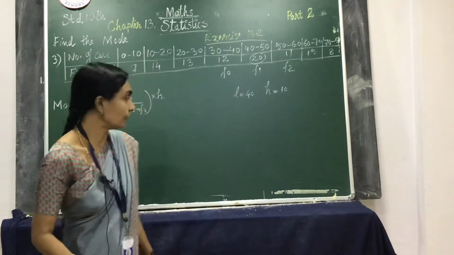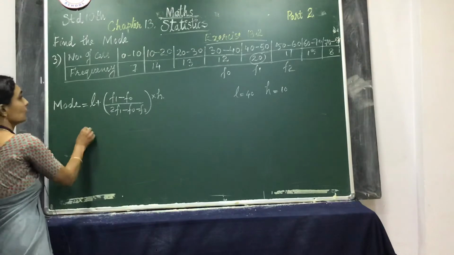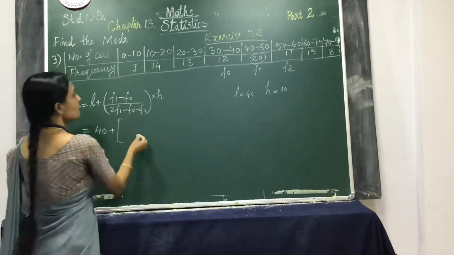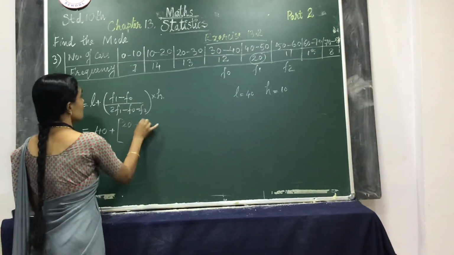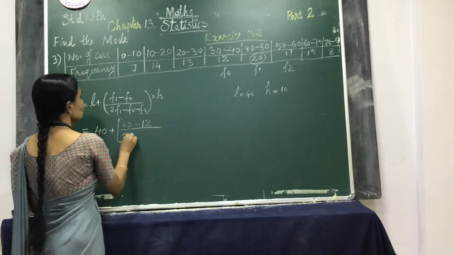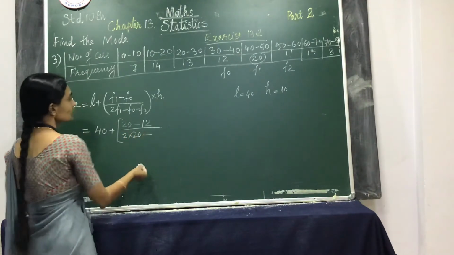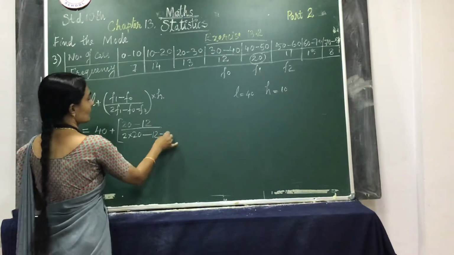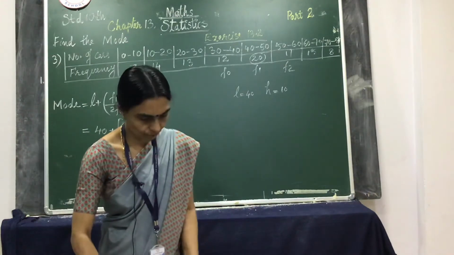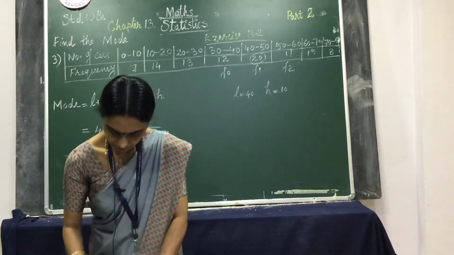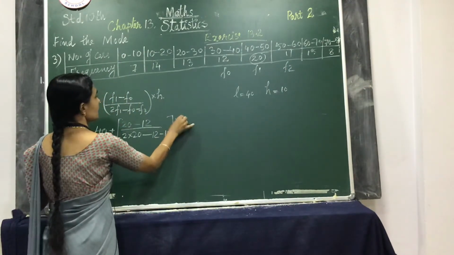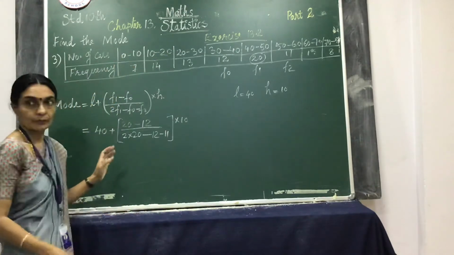Now from the formula we substitute: 40 plus f1 is 20 minus 12, divided by 2 into 20 minus 12 minus 11, then into h is 10, the width of the class interval.